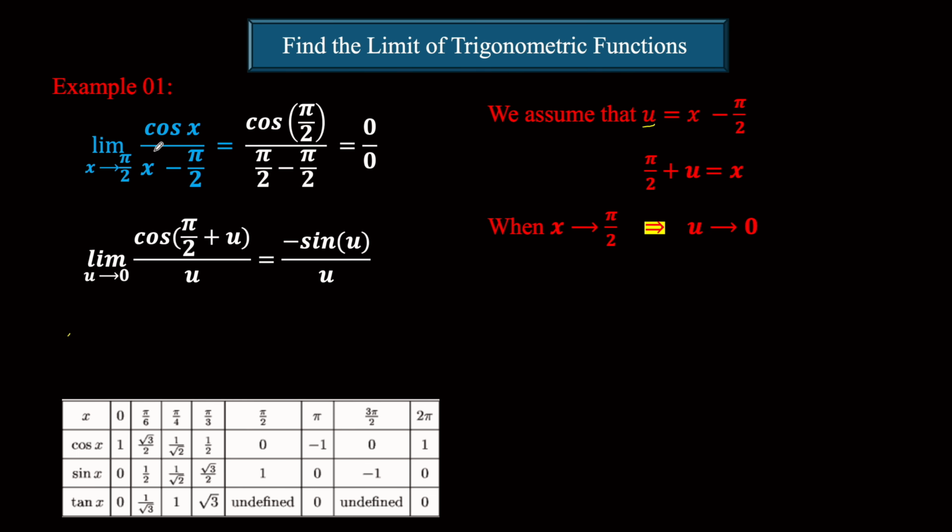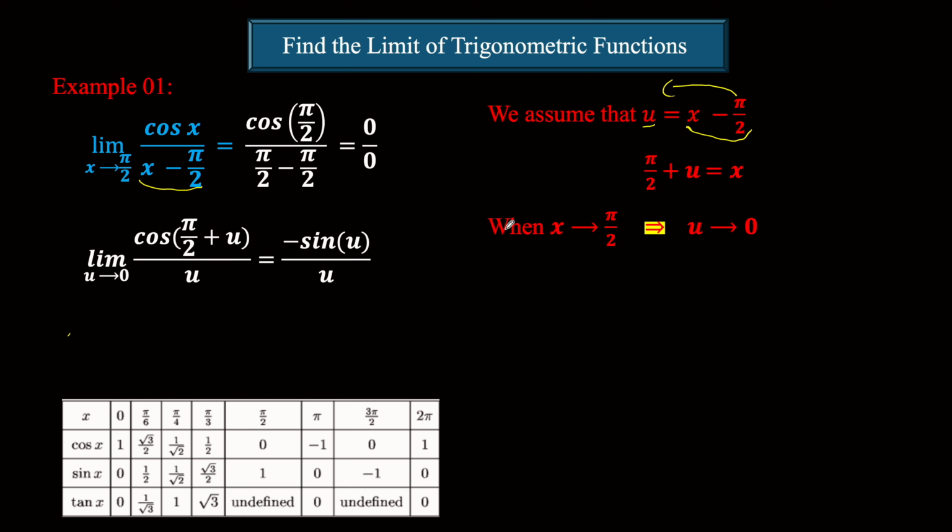So the denominator in general is of this shape, x minus something or plus something, okay? So x minus pi over 2, okay? So u is equal to x minus pi over 2 from here. Then you will take minus pi over 2 to the other side. So you'll get pi over 2 plus u is equal to x.